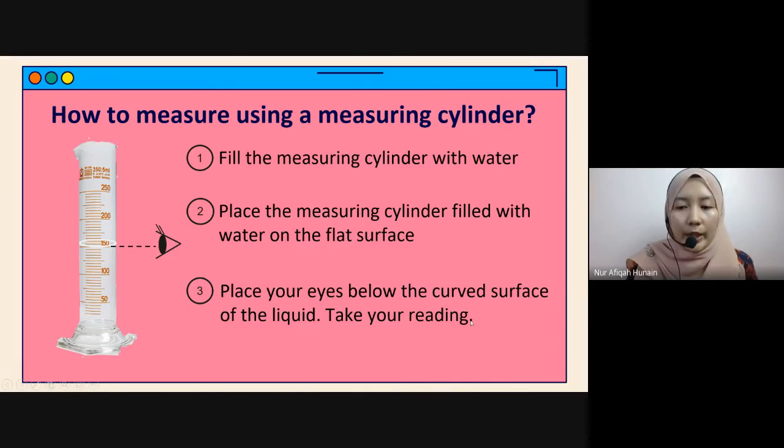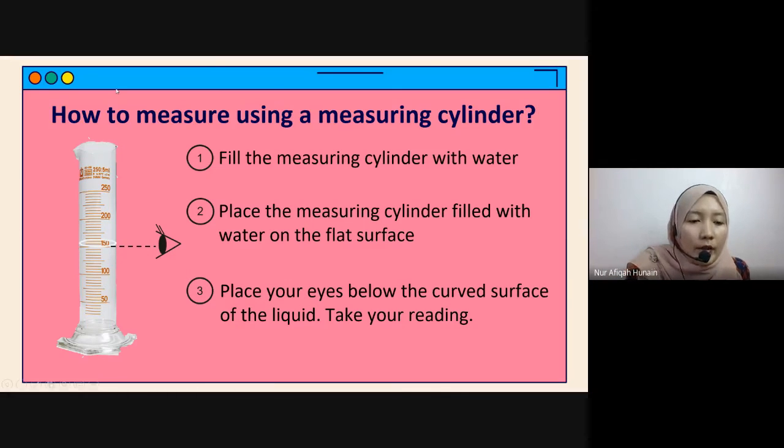Take your reading. When you fill the measuring cylinder or beaker with water, the surface of the water looks curved. That curved surface of the liquid or water we call the meniscus.